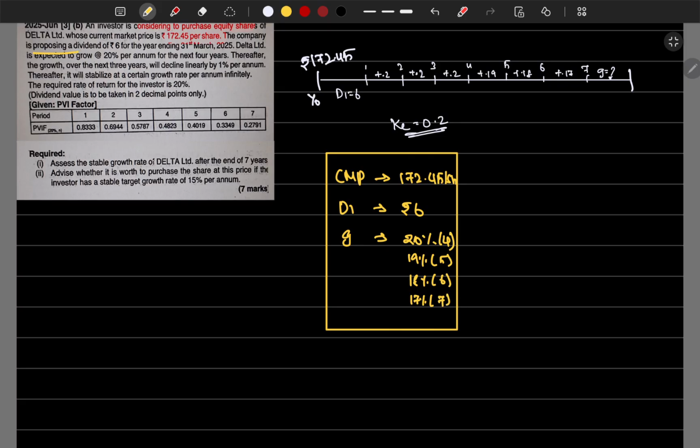After that, from the 8th period, it will stabilize at a constant growth rate per annum infinitely. So the question is asking us to find the stable growth rate, and the required rate of return is also given, which is 20%, right?